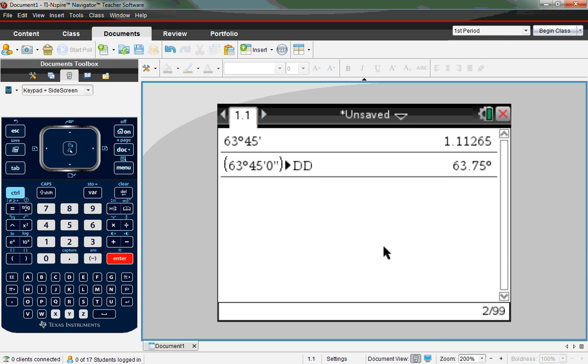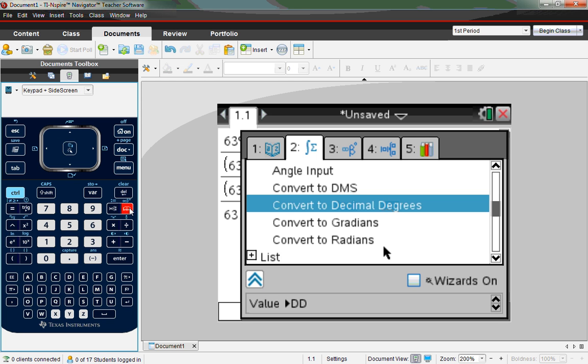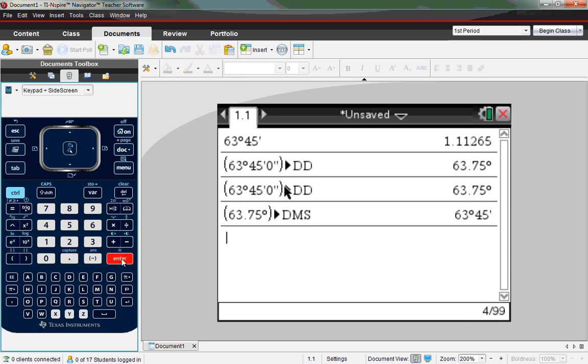Now, if I want to go back from decimal degrees to DMS, how do I do that? I'm going to hit enter. I'm going to arrow up and grab that number. I'm going to hit the book and say convert to DMS and hit enter. And then it's going to give me the DMS. Do we understand how to go back and forth between decimals and degrees?